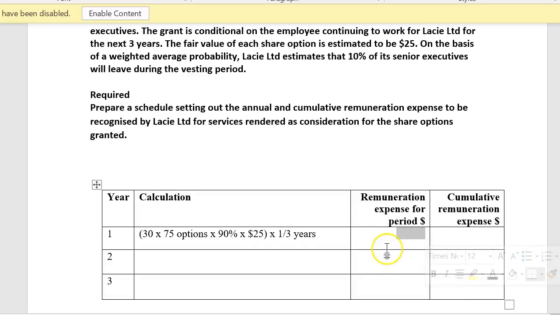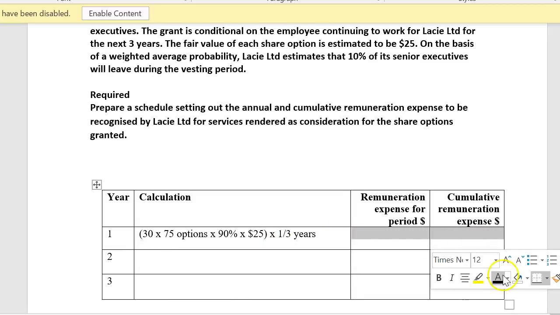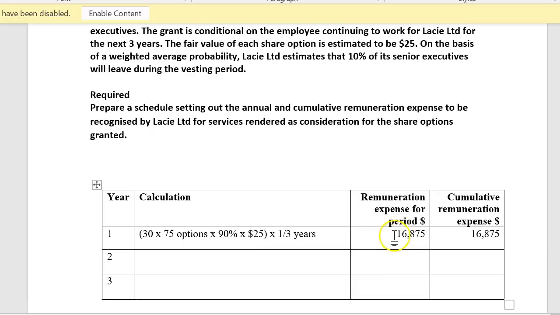So 1/3 will be 30 times 75 times 90% times 25, divided by 3. It's 16,875. It's the same amount for year 2, and the same amount for year 3 as well.